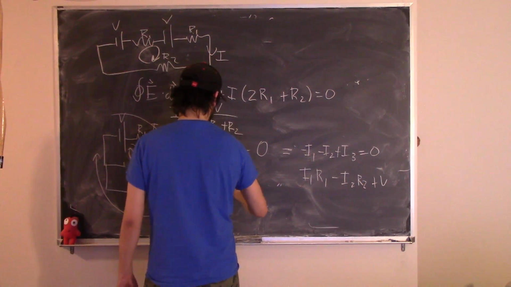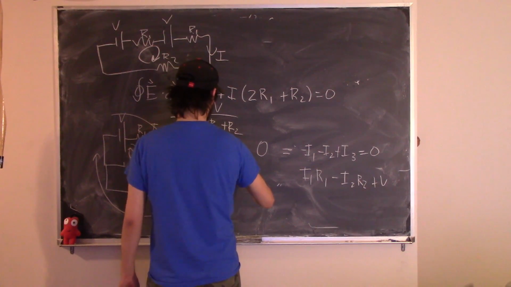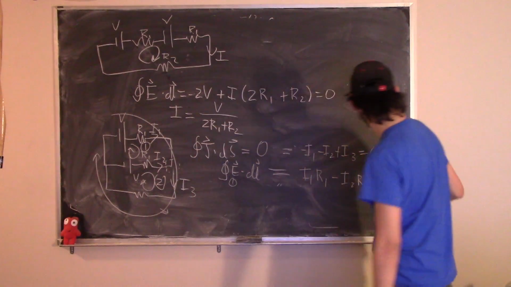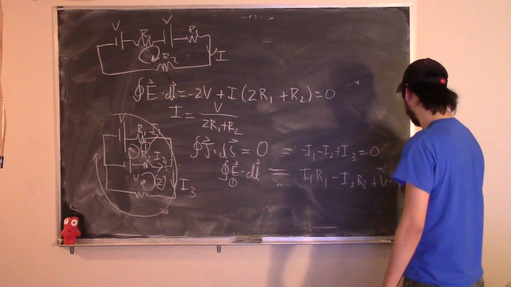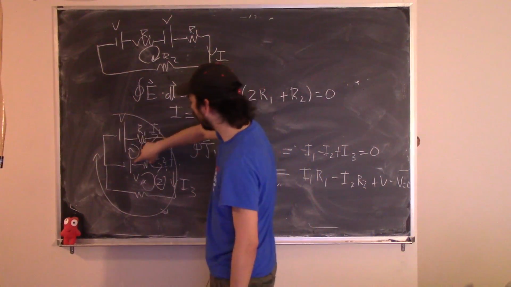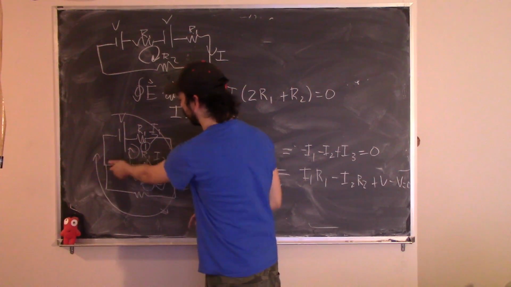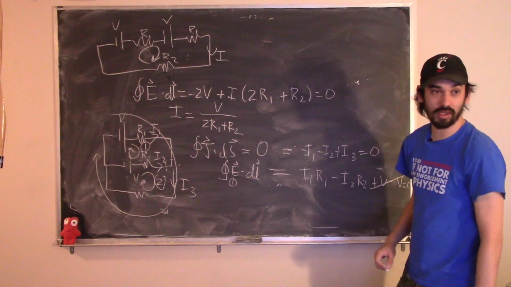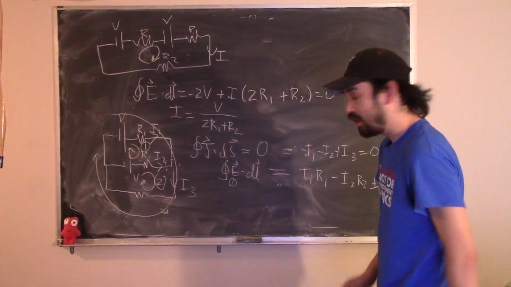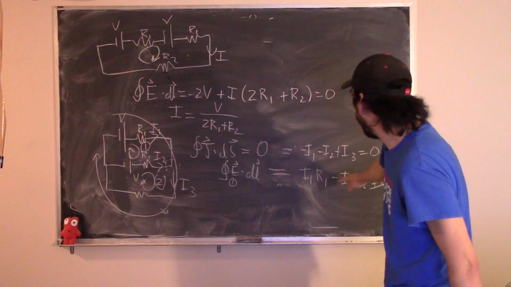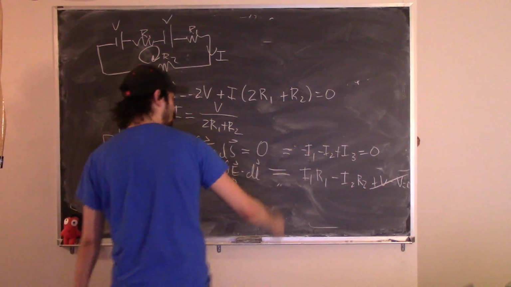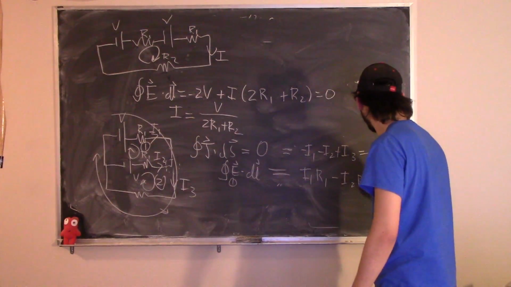Integral for loop 1 of E dot dl is equal to this. This is going to be plus V, and then minus V is equal to 0. So the plus V comes from going across this one, so I see the plus first, and then I get to this one, I see the minus V. That cancels. Okay, we're still online. That's good. Sorry, this should be an I2 R1.